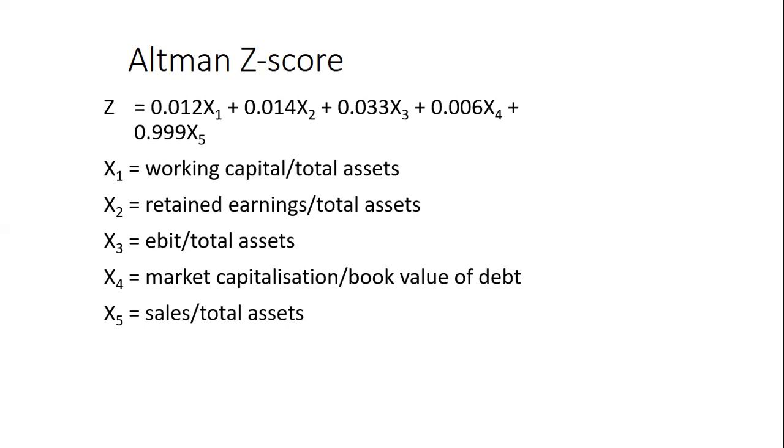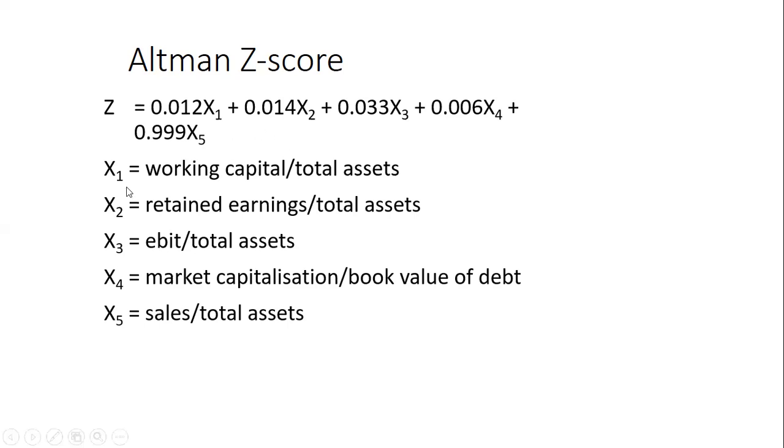Market capitalization is usually the share price, how much they sell their shares for on the market. And then the sales to total assets ratio. So when you compute these ratios and put them in this mathematical formula together, it should give you some values. And then based on the values given, you would say a business has failed or not failed.